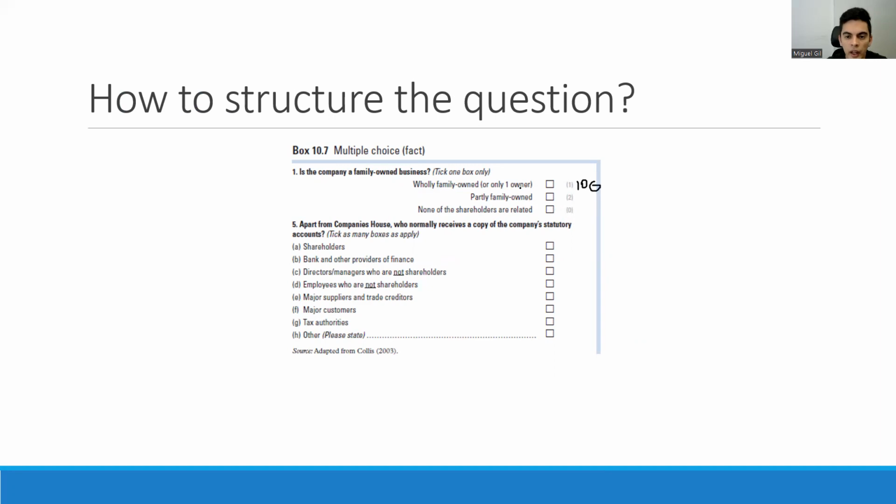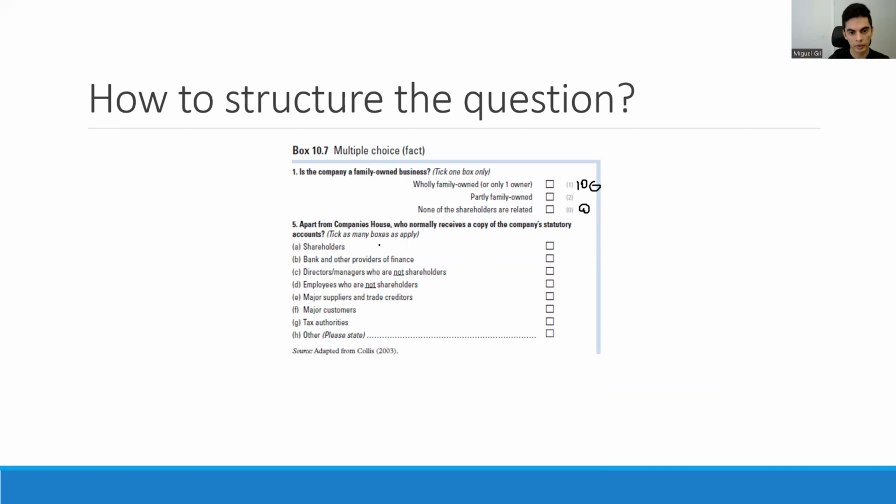Instead of asking yes or no, you can ask what's the percentage of ownership by the family? So then you have 100% that will be wholly owned, then this will be 0%. They will have to answer it like that. And here you can have different percentages, and it will be a scale variable. So different ways to ask the same question.